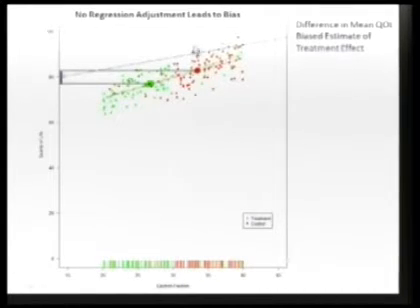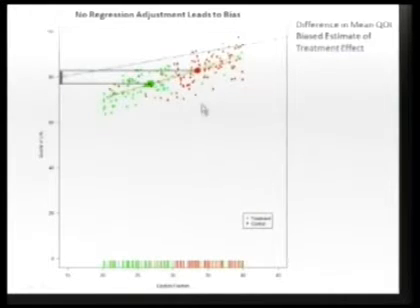So the first one is regression analysis, and here I've got a scatter plot of made-up data. On the y-axis I have quality of life, and on the x-axis I have ejection fraction. These green dots are people who were assigned treatment. I know their ejection fraction, I know their quality of life, I can calculate their sample average, and it's a little less than 80.